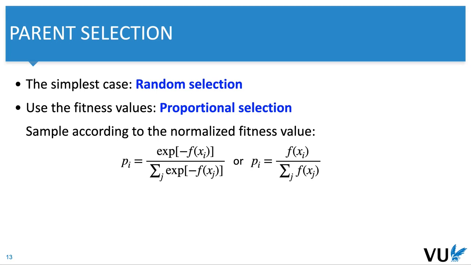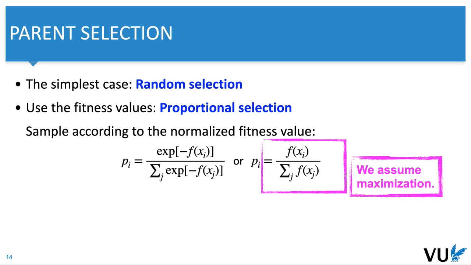It will be more like we will assign some probabilities to different points, and not necessarily the strongest points will always be selected, right? And we can do it in 2 ways. We can do it with an exponential function, and then of course we have a negative value of the objective function, fitness function, or we can calculate it by just normalizing fitness functions. However, in this case we assume the maximization task.